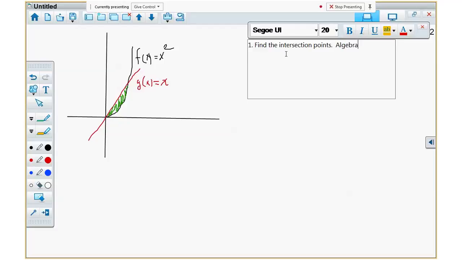Each other. Thank you, class. Set equations equal to each other and solve. So do that. If you can't, then chalk that up as being a failure.